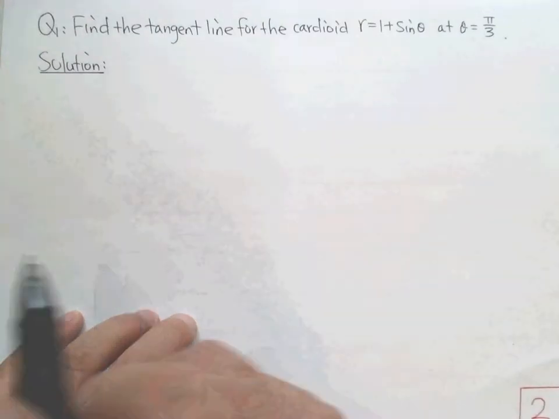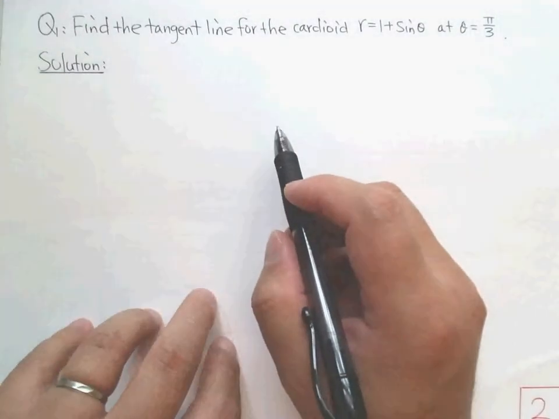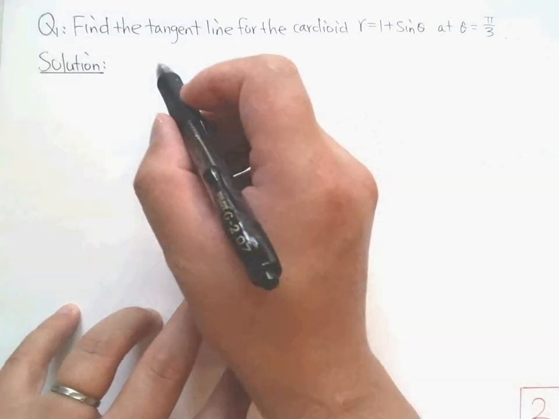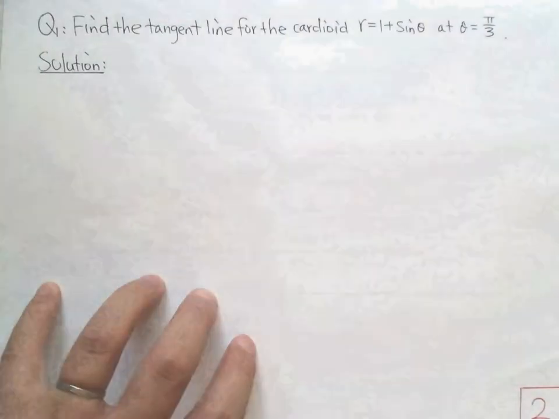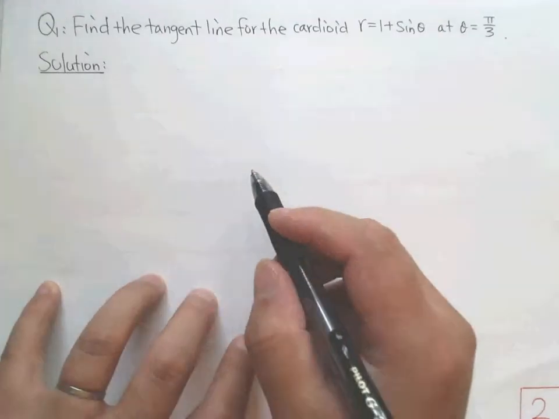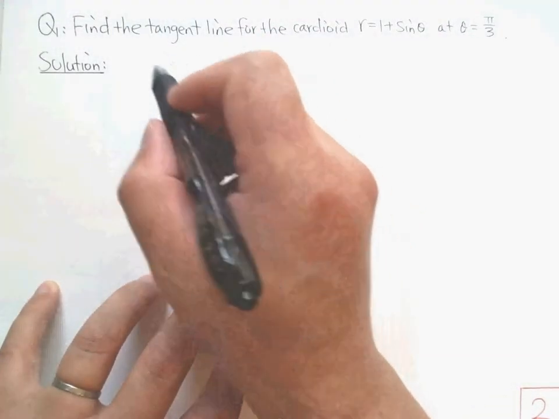So how do we do this question? All we need to do is use the slope, right? I'll show you a formula here first. What is the basic formula we need? The point-slope formula.